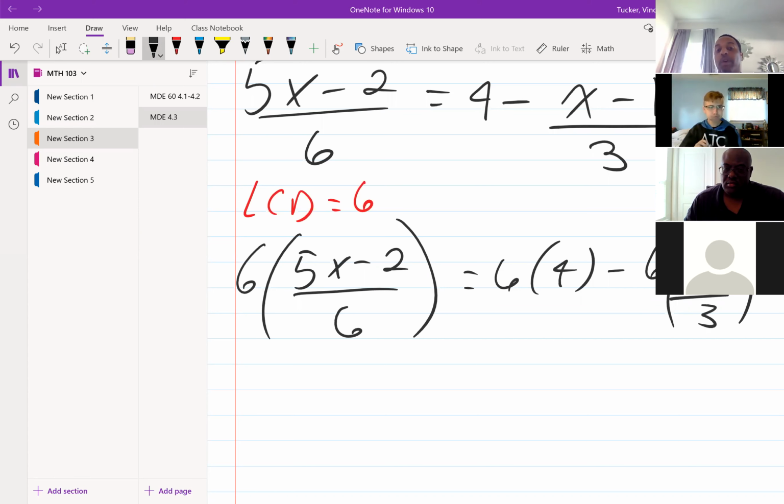Well, whatever you do to one term, you have to do to all, or you're changing the problem completely. In order to keep your equivalency, whatever you do to this 5x, you have to do to the 2, to the 4, to the x, and to that -1.